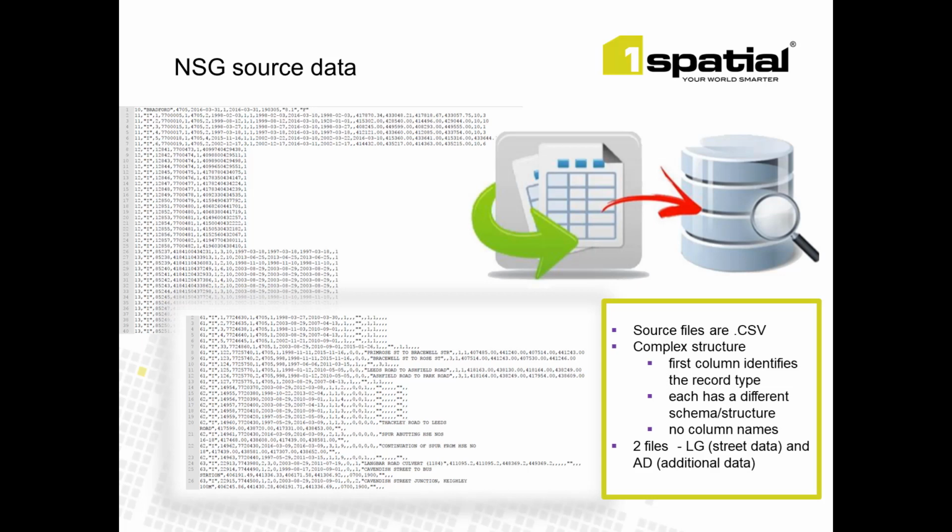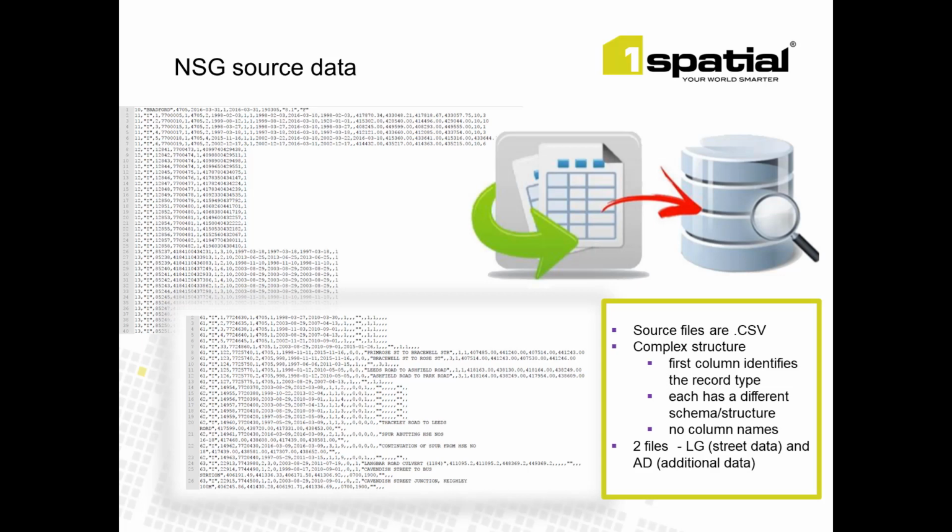And the data is supplied as CSV files, but it's really quite a complex structure. So the first column identifies the record type. For example, type 11 are street records, type 13 are elementary street units, so ESUs, the street segments.